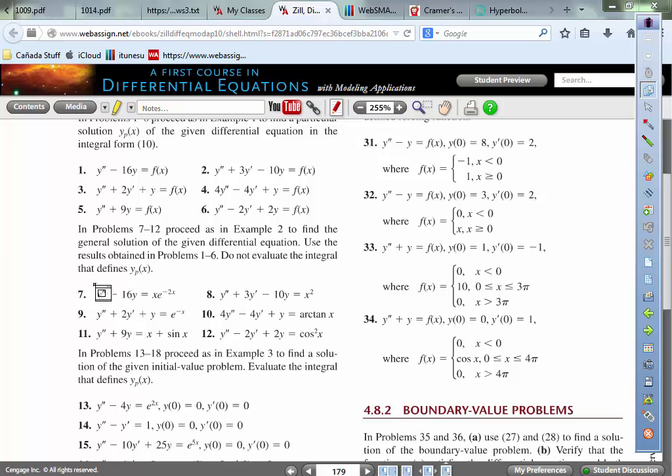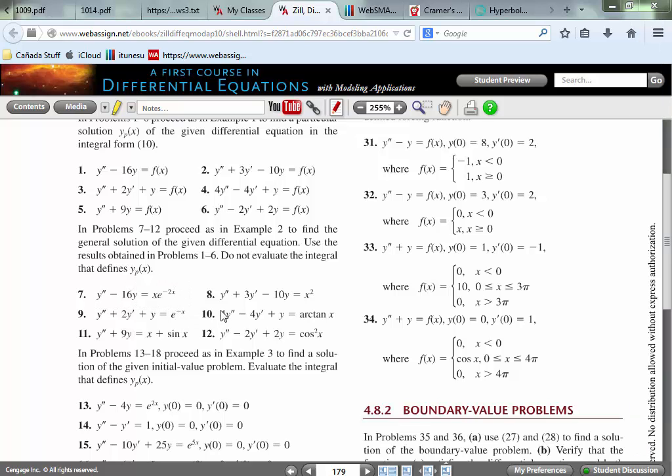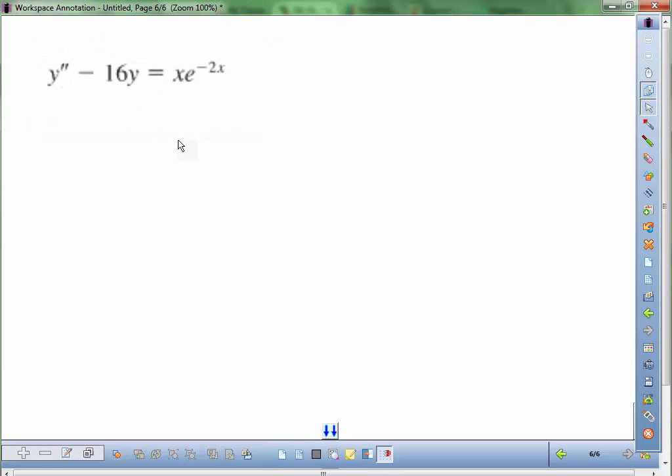So let's say we're doing number 7 now, where the homogeneous portion is exactly the same, except instead of an f of t, we have the actual function. Then we should be able to solve for this. So let's see if we can solve for this one.